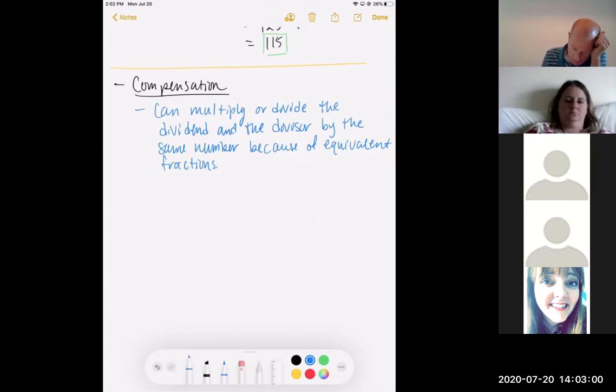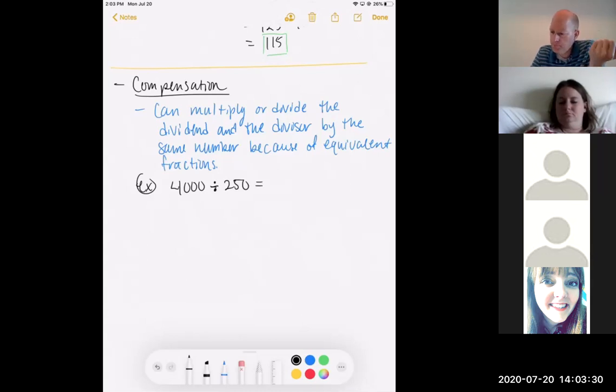We're going to do an example: 4,000 divided by 250. The answer is not immediate, probably for a lot of you. So we can use multiplication or division by the same value to maintain the ratio, and we can get the answer. What number should I multiply or divide these two by to make the problem easier?